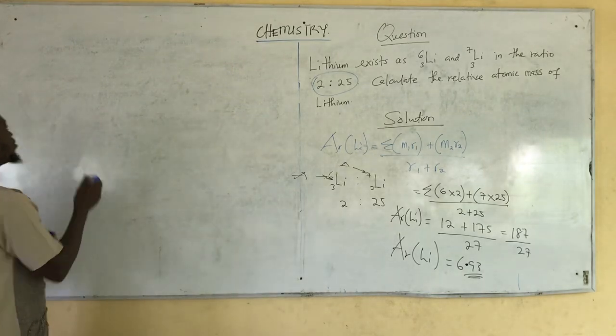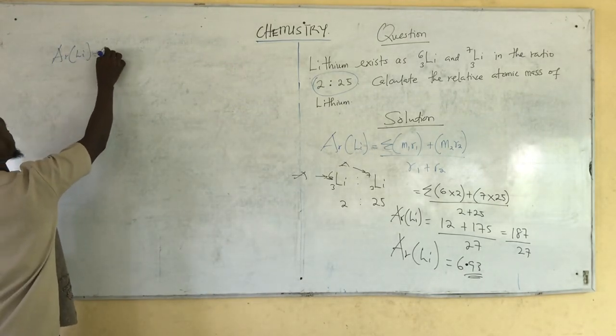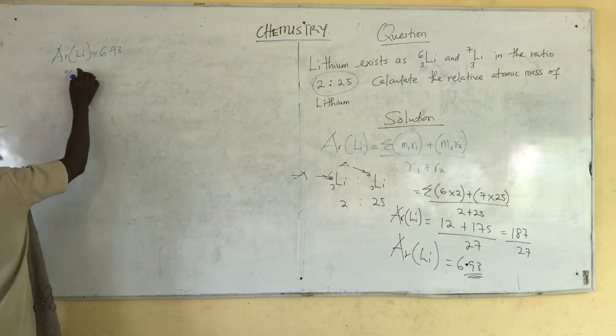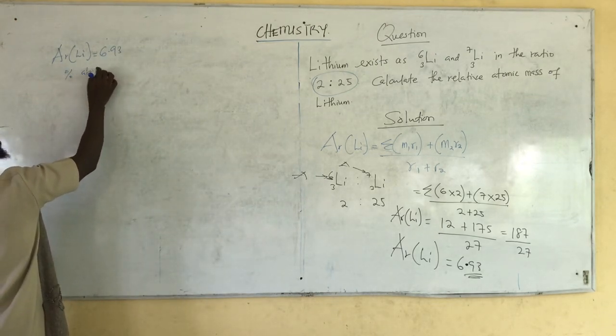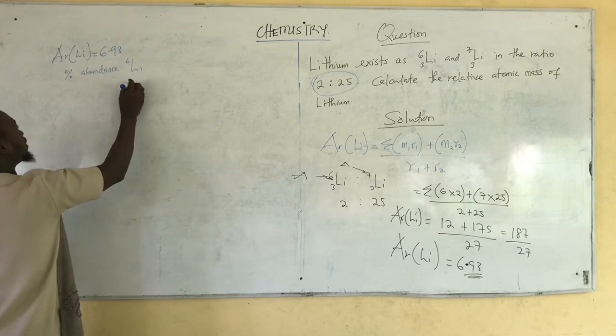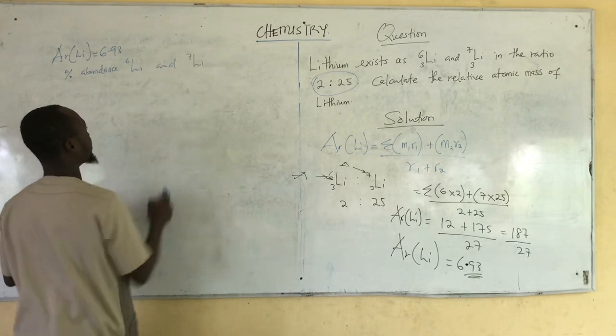Alright, so if the AR of lithium is equal to 6.93, we have to find the percentage abundance of lithium 6 and lithium 7. Is that okay?